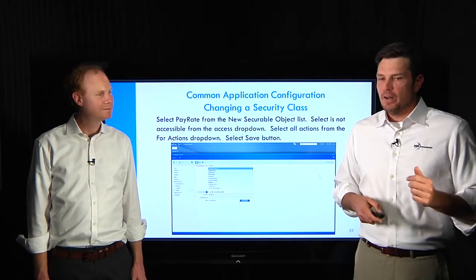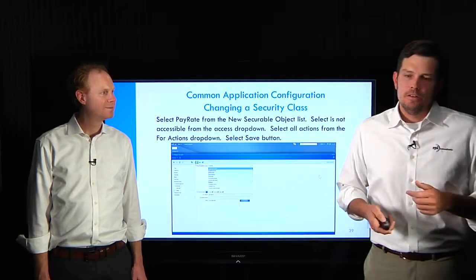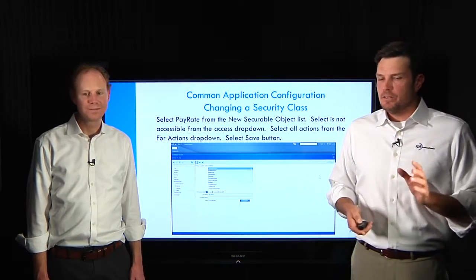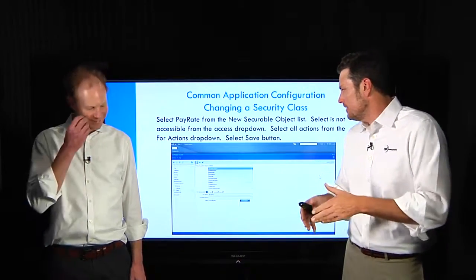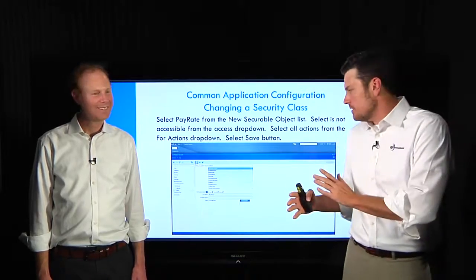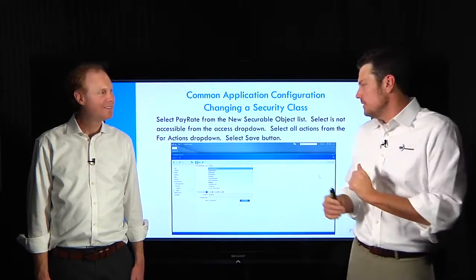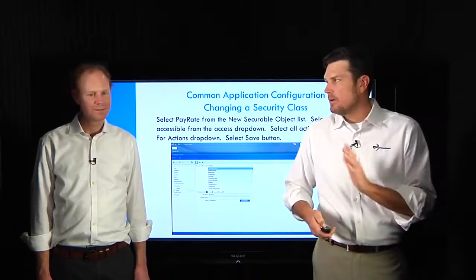And then we're going to select all actions from the actions drop-down, and then save it. What that is going to do, in broken English, is say the field is not accessible for all states, for all actions. So we're taking away actions, taking away pay rate.